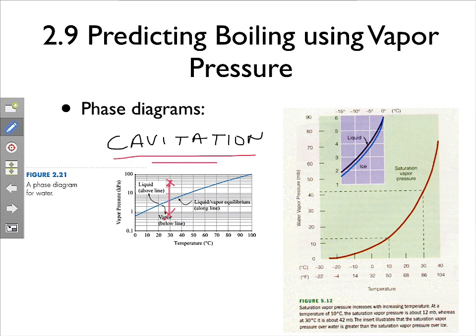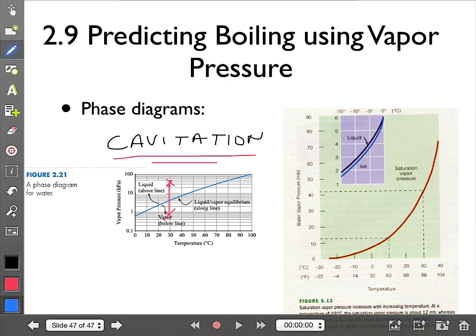Now the flip side of this is, what if you were down here, in the vapor phase? What if you were just water vapor in the air? Let me do that a little differently. Let's say we're up here, we have some water, and we just cool the air down. Say we're in the tropics, and that air would be pretty hot even for the tropics.